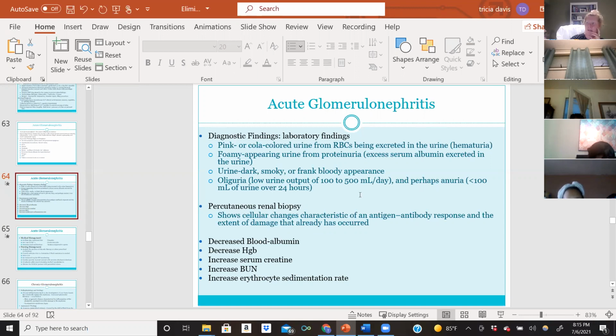So we're going to have low levels. Our hematocrit and our hemoglobin levels are going to be very low because of the blood. We're going to have an increased level of serum creatinine, an increased BUN, because those are going to be reflective of kidney damage. And then we're going to have an increase in that erythrocyte sedimentation rate because there's inflammation and they are trying to make more red blood cells.